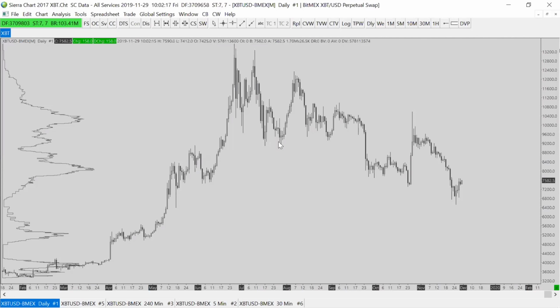I'll first just explain what a volume profile is, just so that we're all on the same page.